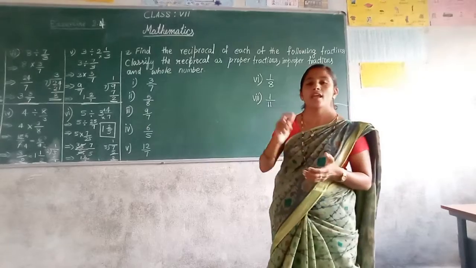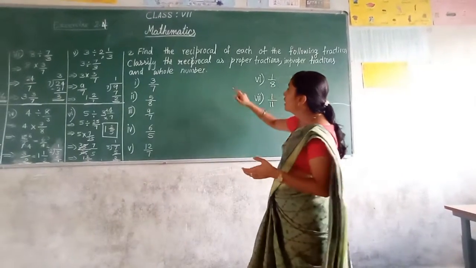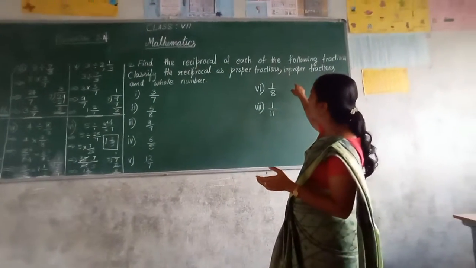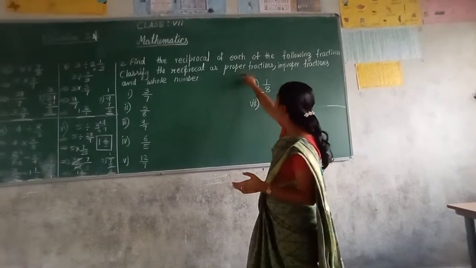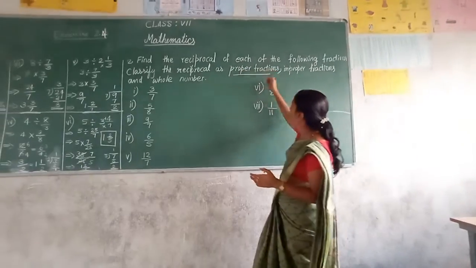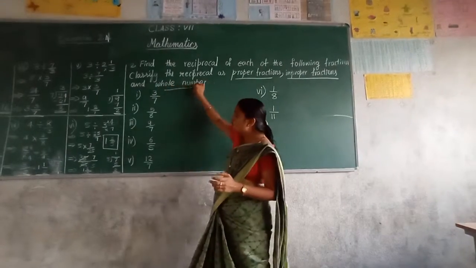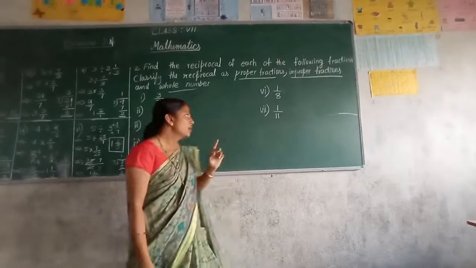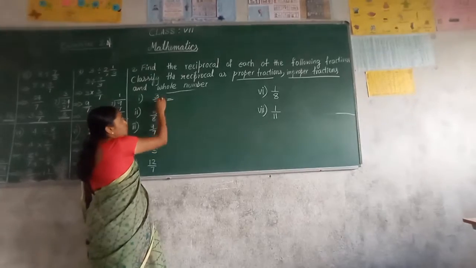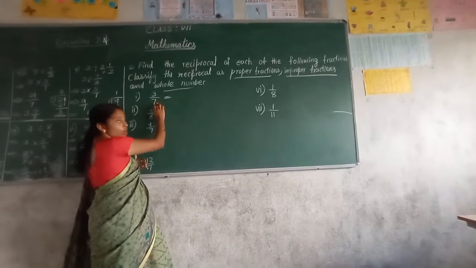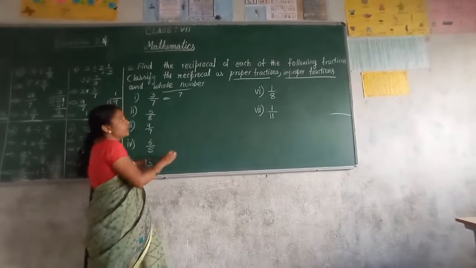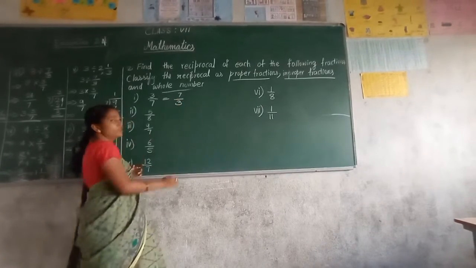In the same way, you have to write the reciprocal. Then you have to classify it as proper, improper, or whole number. Writing it is very easy: the denominator becomes the numerator, the numerator becomes the denominator.